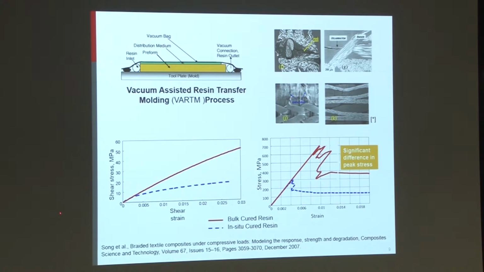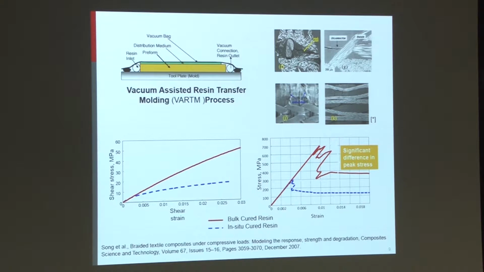To support that a little bit more, a work by Song et al. looked at the shear stress, shear strain behavior of a bulk cured resin, which is used in these composites, and they observed that its behavior was superior to the in situ cured resin. What in situ means is the curing of the polymer in the presence of fibers during the manufacturing process.